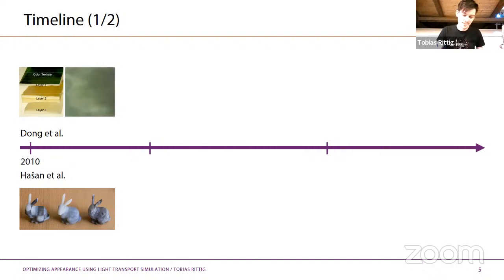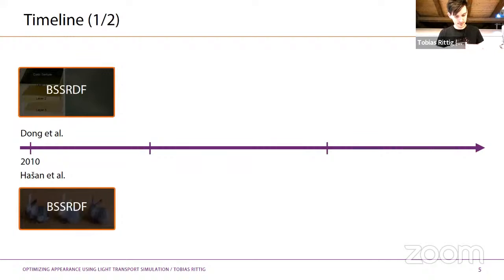So before 2010, there were other works in appearance reproduction, but they used machines like CNC mills or 2D printers. And here I want to focus on the 3D printing part. These 2 works tried to replicate a subsurface scattering function that was virtually defined using a 3D printer. So they wanted to match a BSSRDF and replicate it physically.